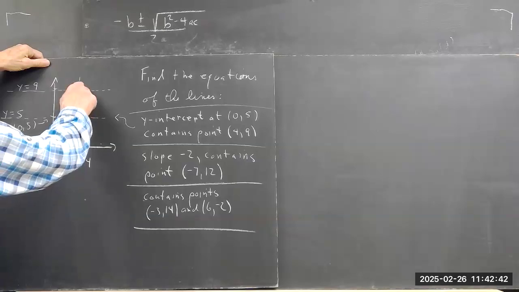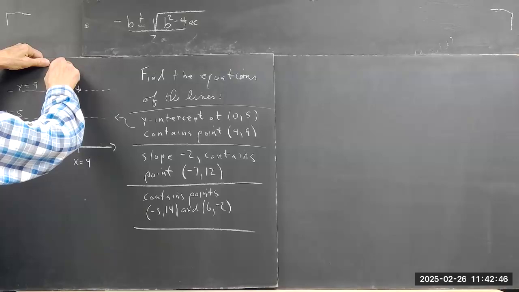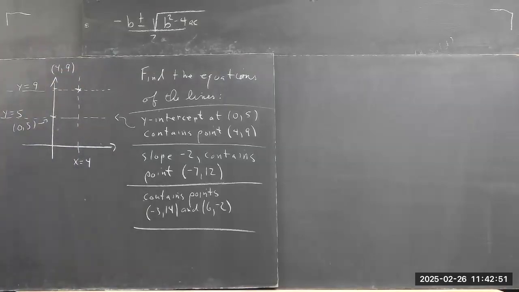Well, anyhow, you do that, and now you label the point 4, 9. Okay? So what have I done?